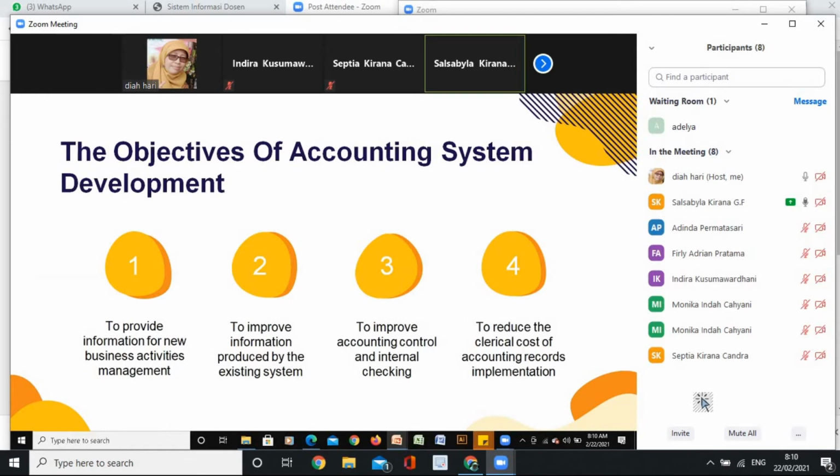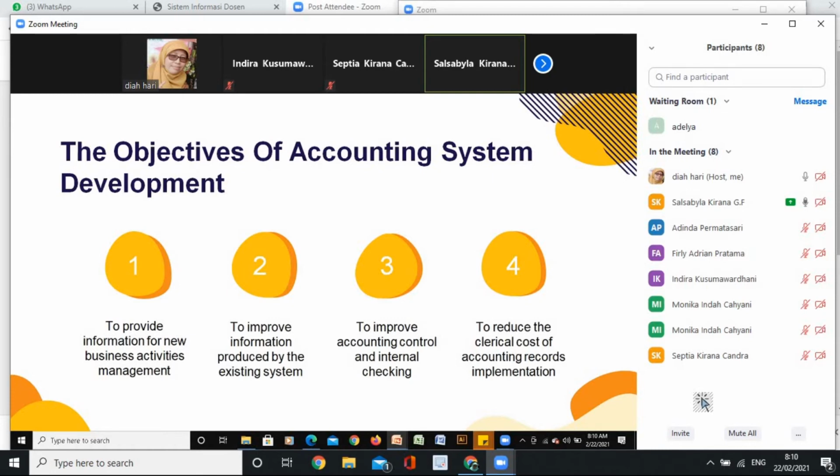So for the first goal, to provide information for new business activities management. Usually, when a company is developed, the company also needs new business management. So it also needs new accounting system development. The second is to improve information produced by the existing system.